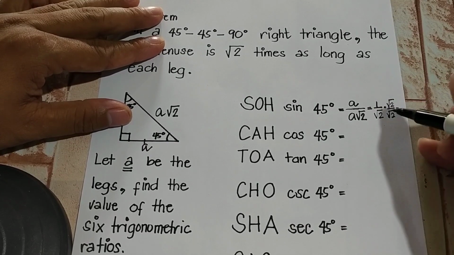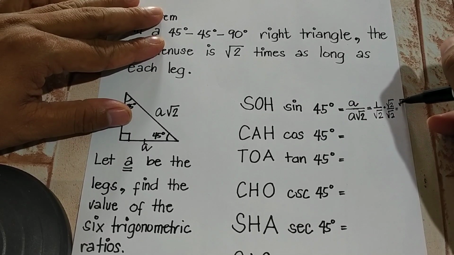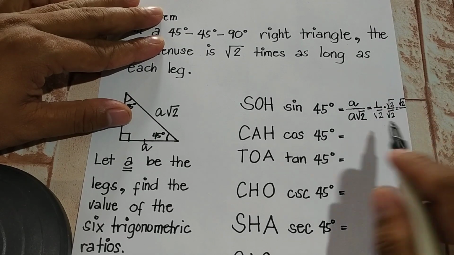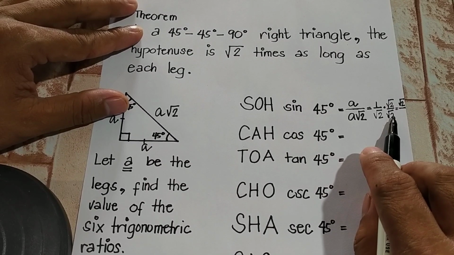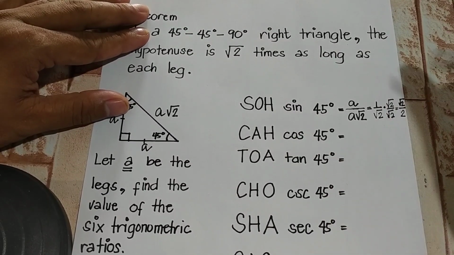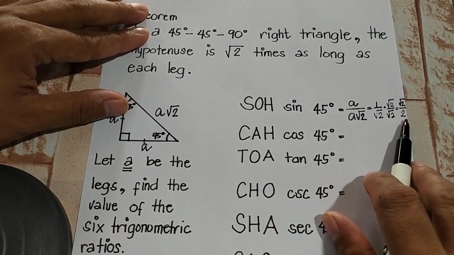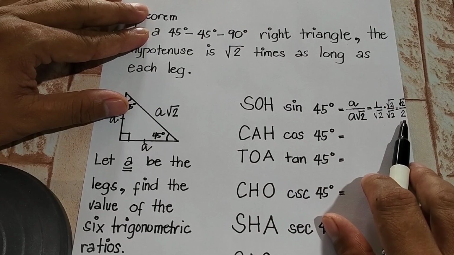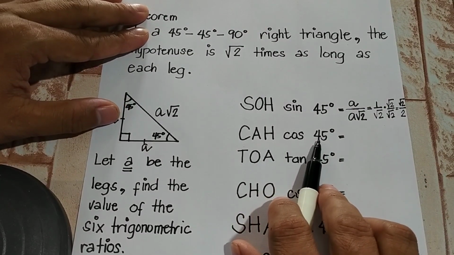You would have 1 times square root of 2, which is square root of 2, over 2 times 2, that is 4, and square root of 4 gives us 2. So the answer is sine 45 is square root of 2 over 2. Is that clear?